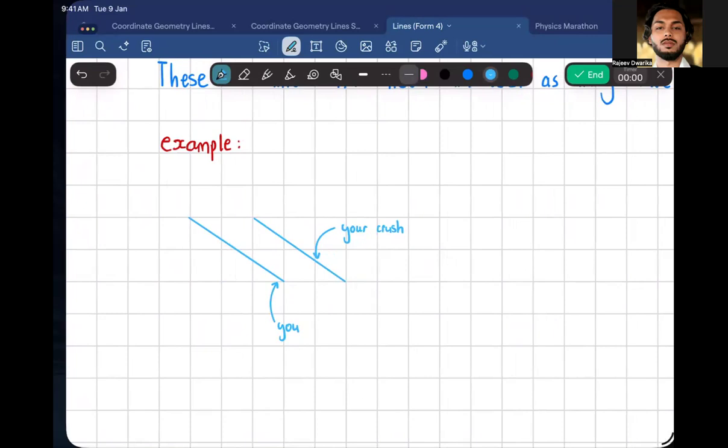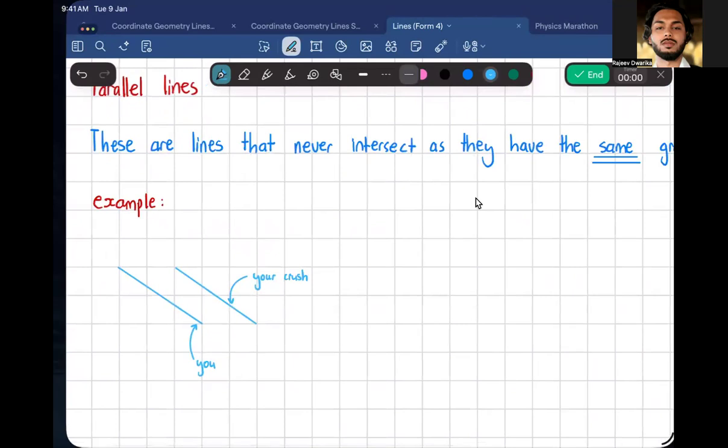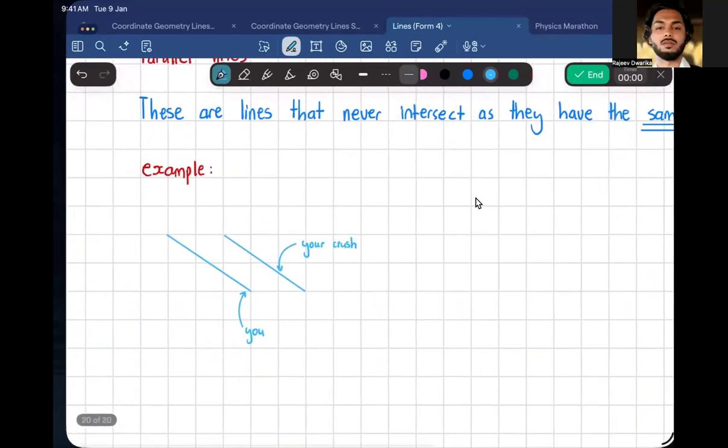Wow, madness. But you know what is an example that isn't a parallel line? You and I in grade one, because it could happen. Good save.